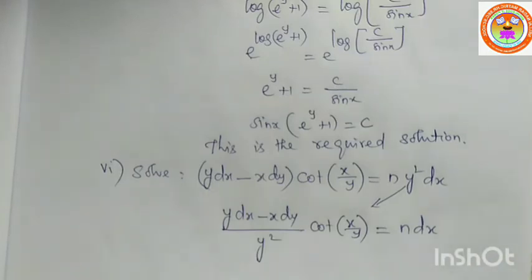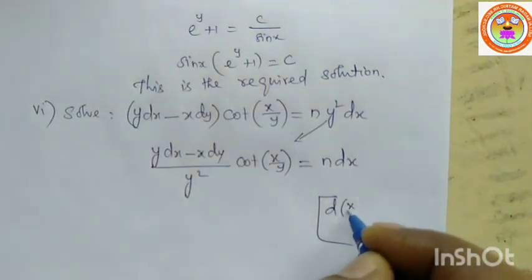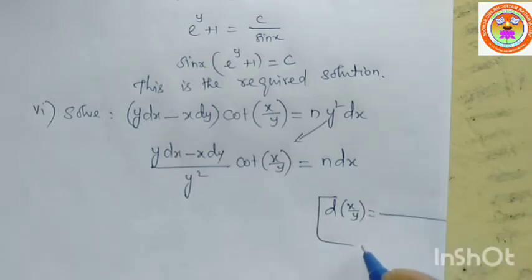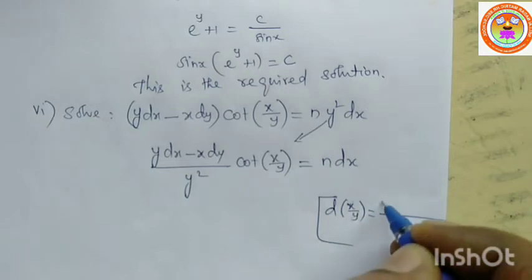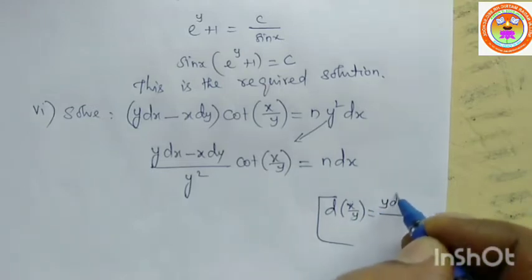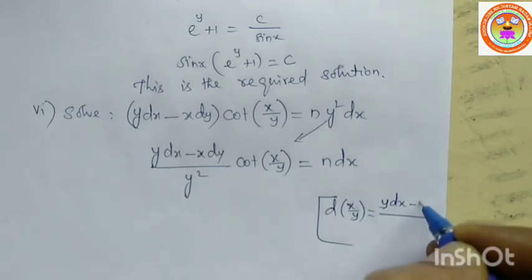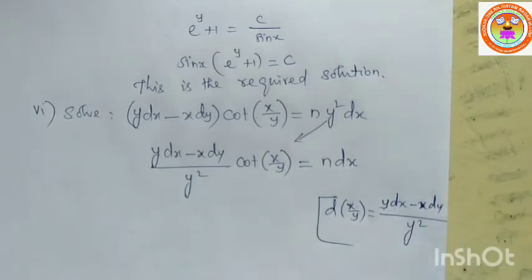We know very well the differentiation of x by y, it is in u by v form. U by v differentiation is v into u dash minus u into v dash by v square.